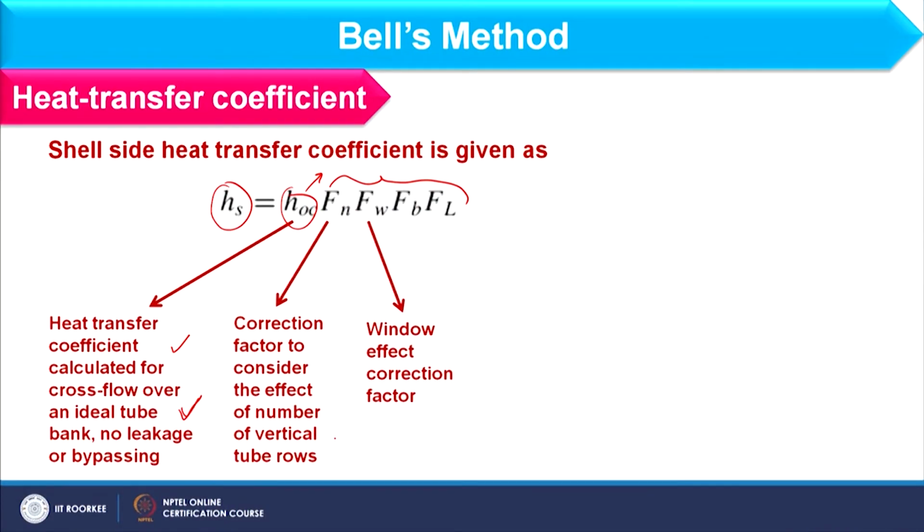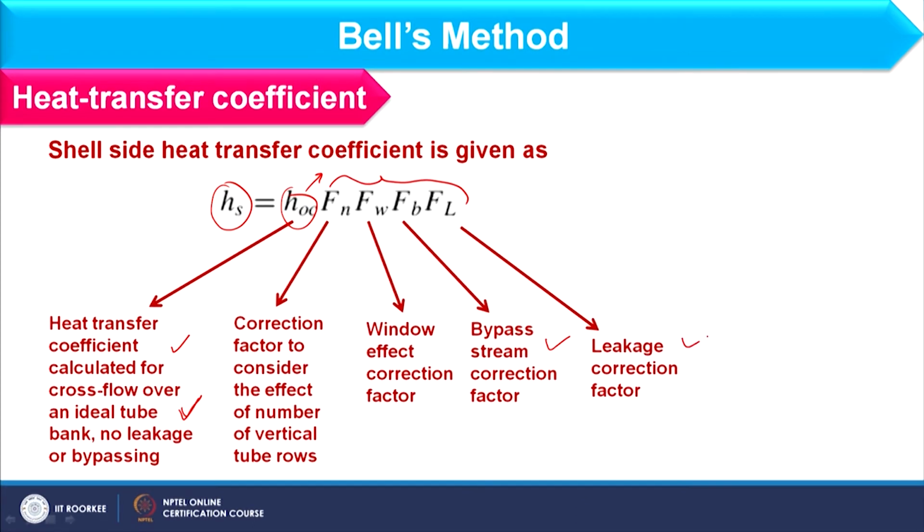Fw is the window effect correction factor, for the region available between the baffle tip and the shell side. Further we have Fb, which is the bypass stream correction factor, and finally Fl, the leakage correction factor. So, you see we can consider all effects in Bell's method except stream F. It is not counting stream F.